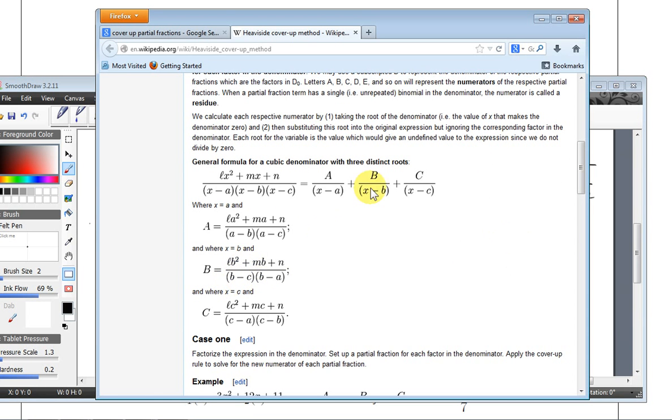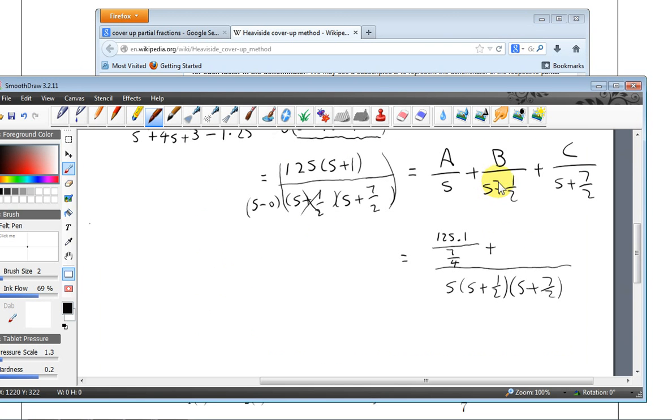If we go to the general situation here, we cover up x minus b and replace x in what's left of this expression with b. So remember, it's x minus b here. So here we have s minus minus a half, so we have to replace all the s's here with minus a half, except the s plus a half term.